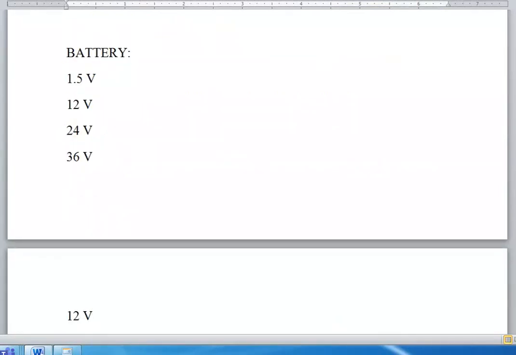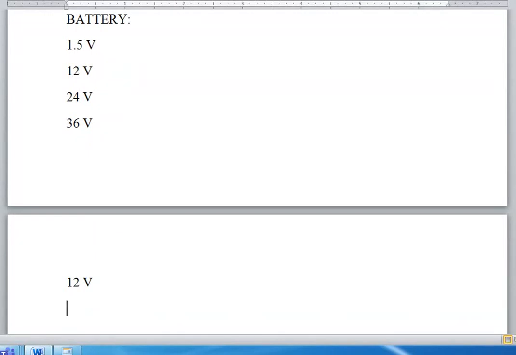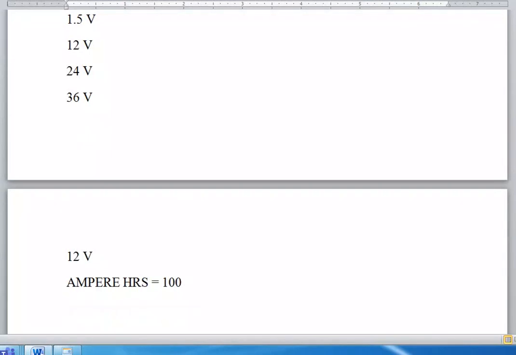Very good, 12 volts. Then the next one, what I am going to say is the ampere hours, AH, ampere hours. This value is very important. For example, if I take 100, then what is the meaning of it? The battery which you have purchased, which is having 12 volts, it can give 100 amperes of current for 1 hour.